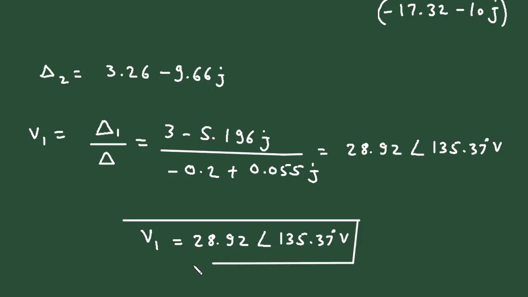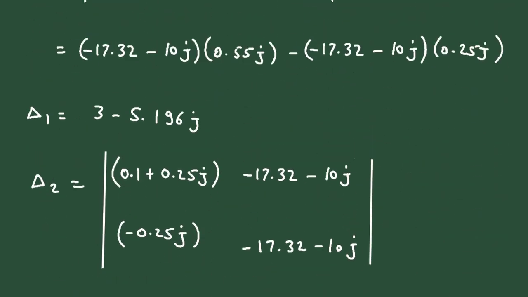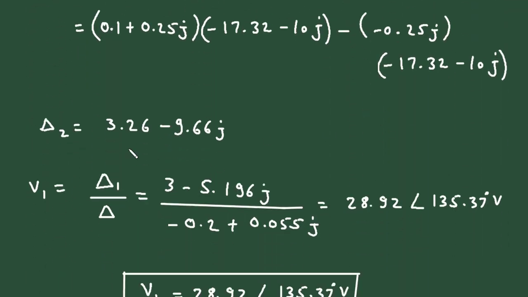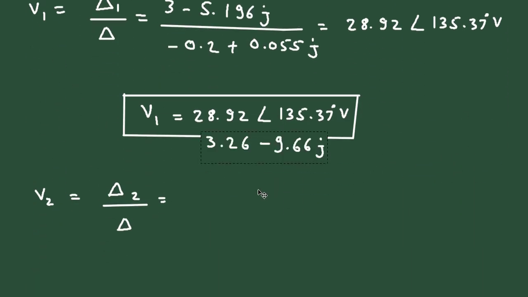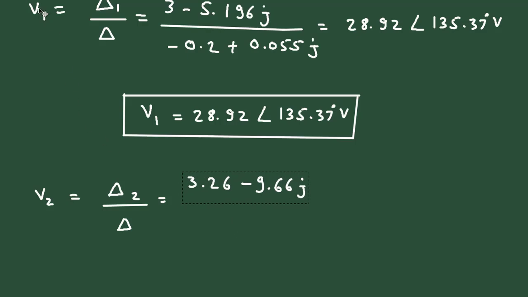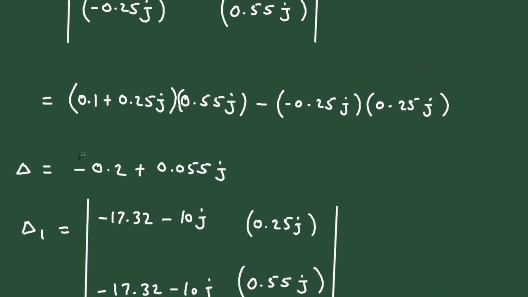Now next we have to find the value of V2. So V2 is equal to delta 2 divided by delta. Now this is the value of delta 2, divided by the value of delta, this is the value of delta.